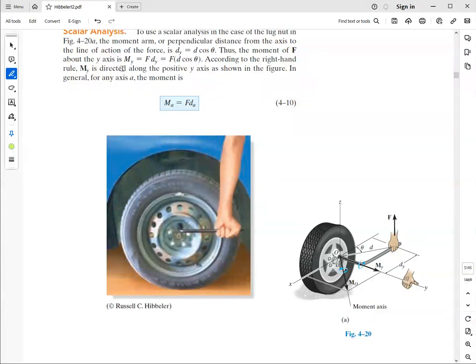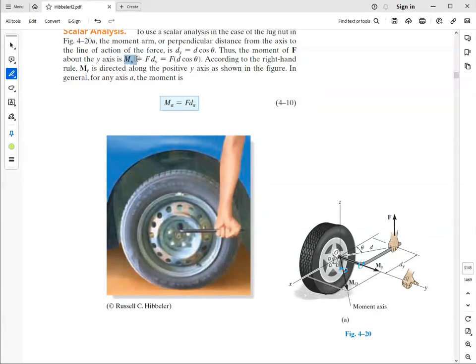The angle theta is provided here. We have a 90-degree angle between the arm of the force and the moment, which makes the angle between MO and MY likewise theta.